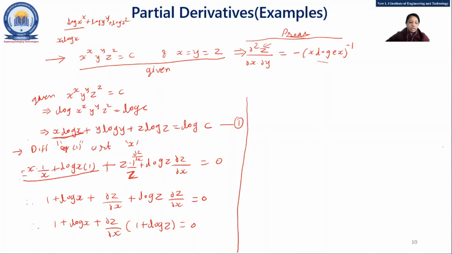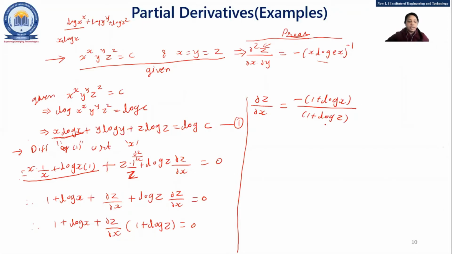Our aim is to find del z by del x. So 1 plus log x will go to the other side: del z by del x equals minus (1 plus log x) upon (1 plus log z).